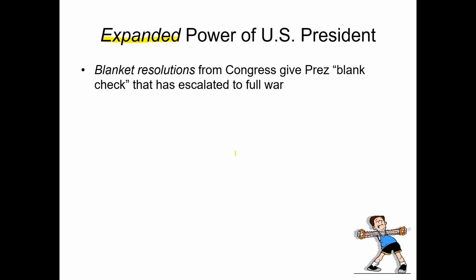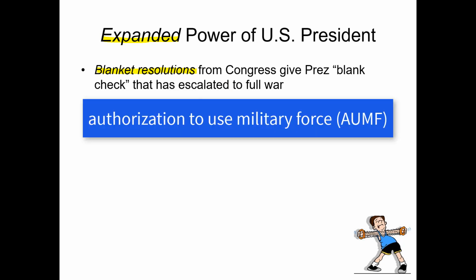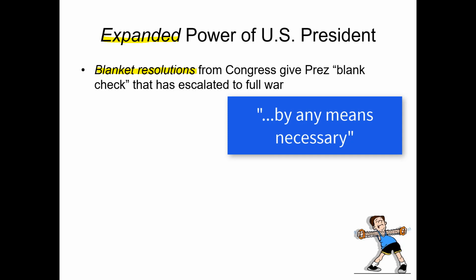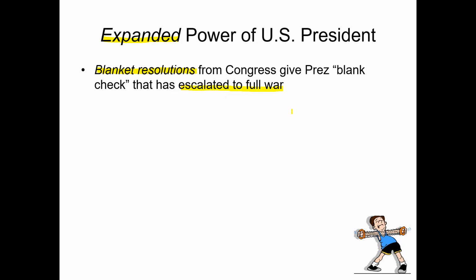One of which we've already talked about was the blanket resolutions, where Congress gives the president an authorization to use military force. In some ways, that has been considered somewhat of a blank check, to where the president has been tasked to take care of this problem, whatever it takes, and that has escalated to full-scale war in several cases that we've touched on already.